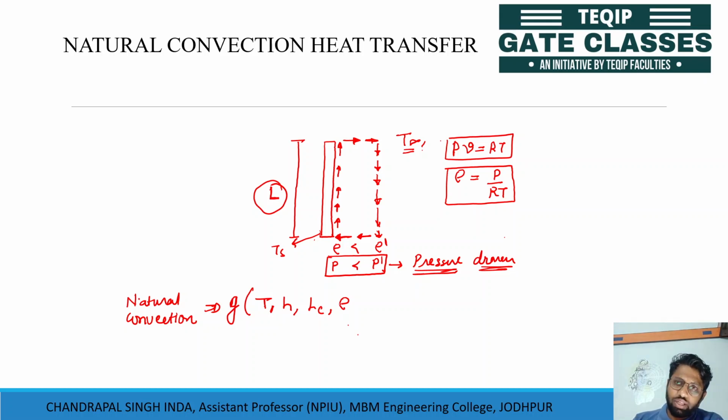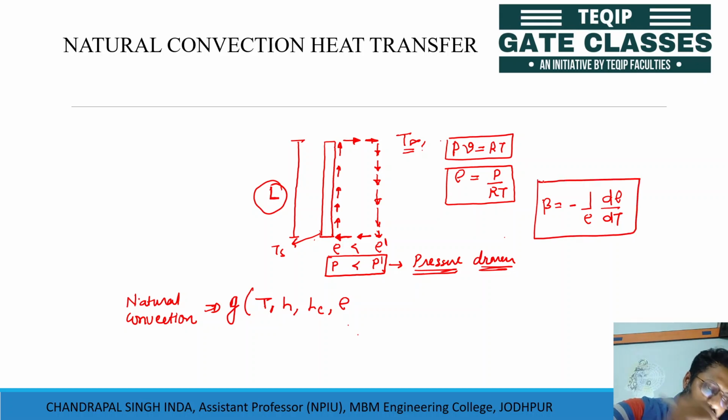As we have seen, the flow of the fluid around the plate is due to the change in density. So density is changing with the temperature. We have d rho by dT, and we have one value which is equal to beta.